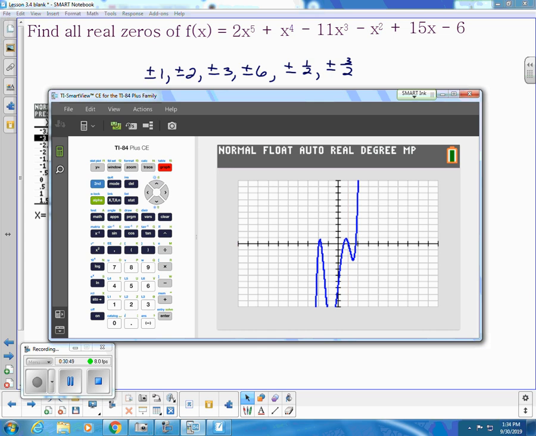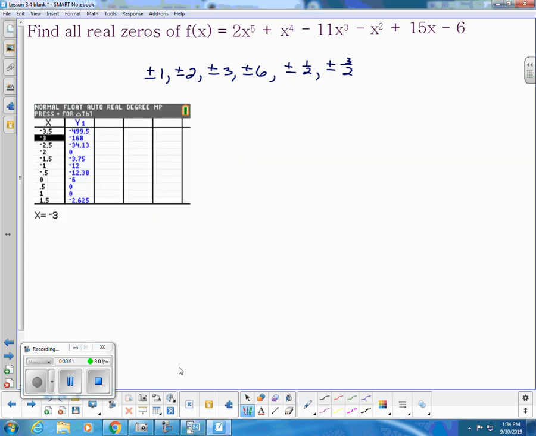Okay. So it doesn't matter. I'm just going to do them in order here. Negative 2, 1/2, and 1.